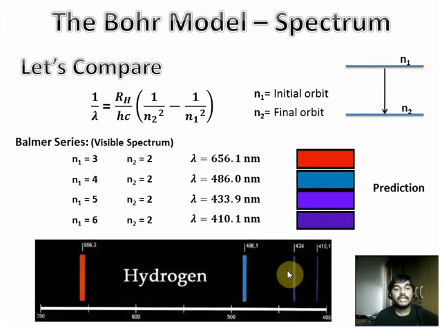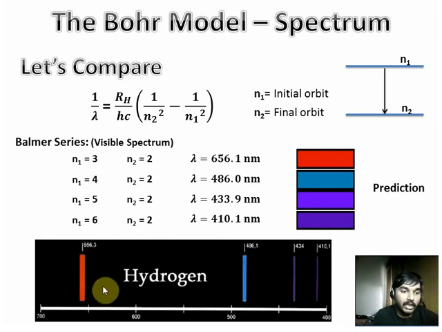So hydrogen gives these lines in the visible range. The first line is 656.3 nanometers, which corresponds almost exactly to 656.1 nanometers. We can treat this as a very good match. The second one is blue, 486.1 nanometers compared to 486.0 nanometers, a very good match again.